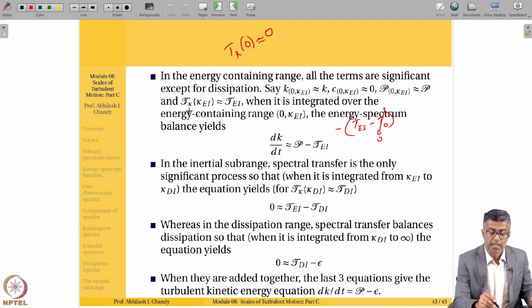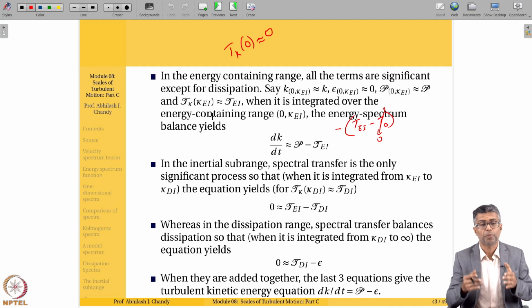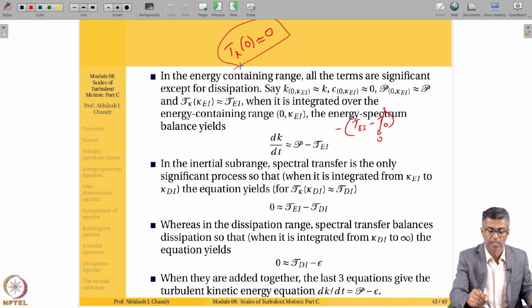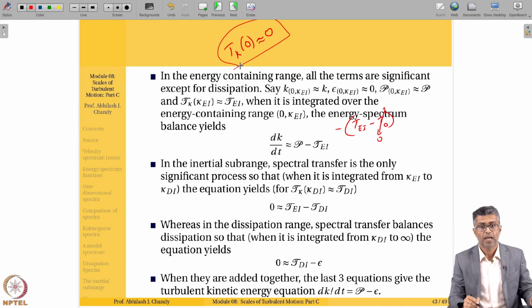The Tk of kappa EI is going to be TEI because Tk of 0 is 0, as I was pointing out last class. So when integrated over the entire range, from 0 to kappa EI, what you get from the energy spectrum balance equation is that dk dt is approximately equal to P minus TEI.